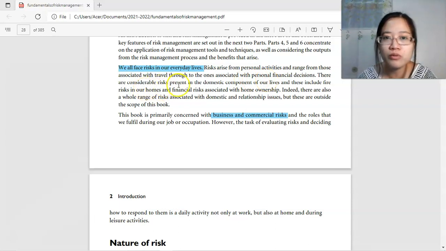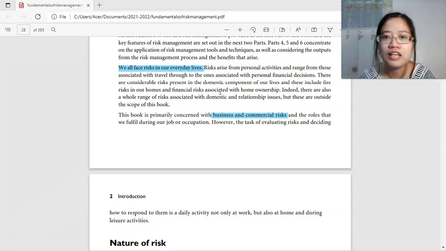So, there are considerable risks present in the domestic component of our lives, and these include fire risk in our homes, or pwede rin naman sa mga business premises. Okay, the financial risk associated with home ownership, and of course, you have to pay your real property taxes, or else, di ba, it can be fined.